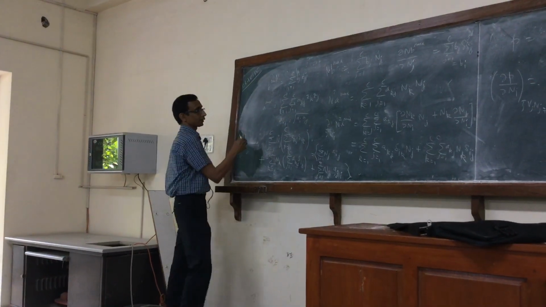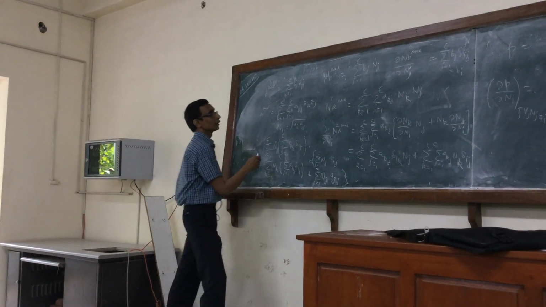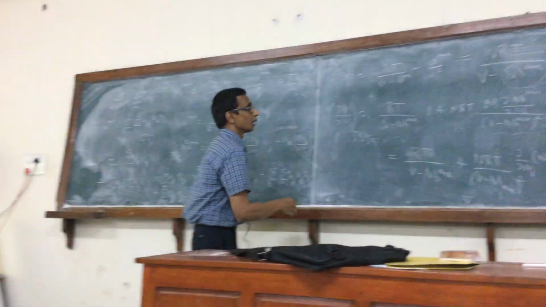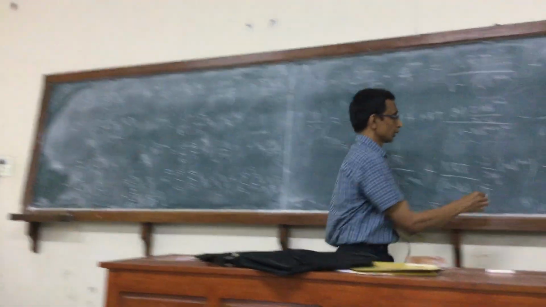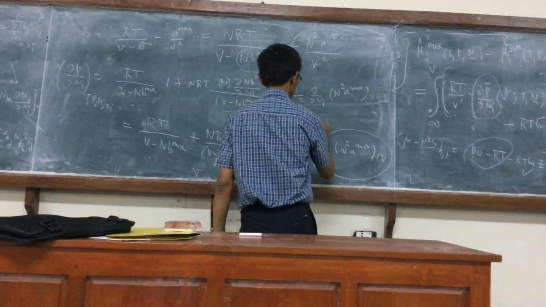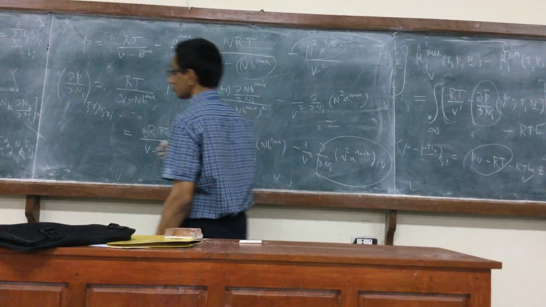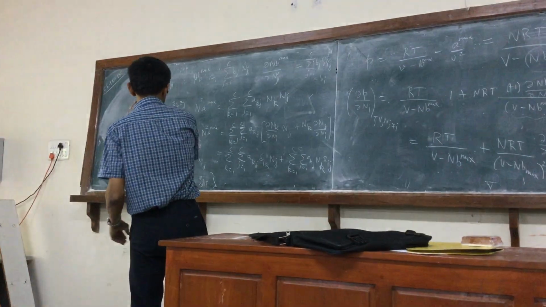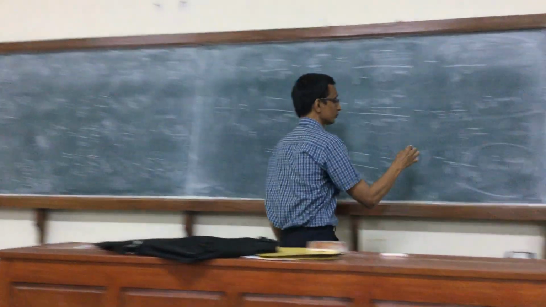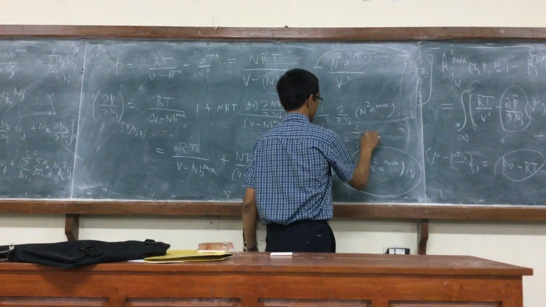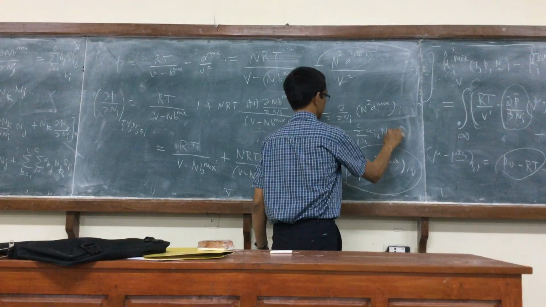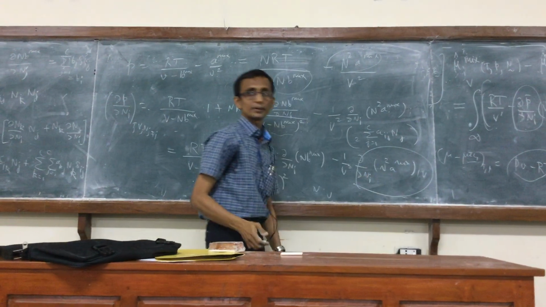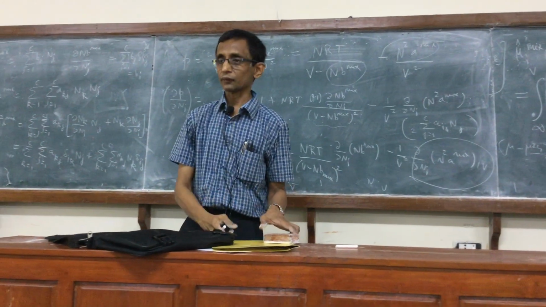So I can write this finally that d by dni of this term can be easily seen to be 2 times the sum over j equal to 1 to c of aij nj. Considerably simplified from what we might have thought.